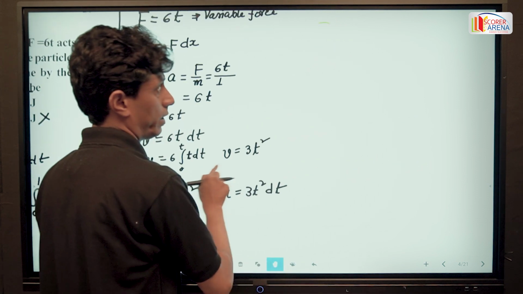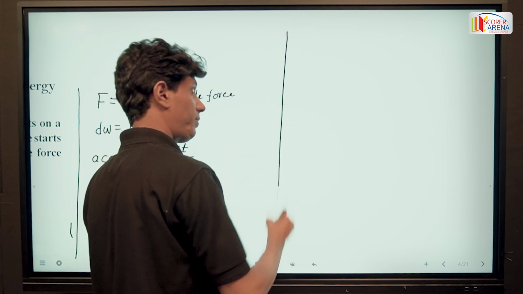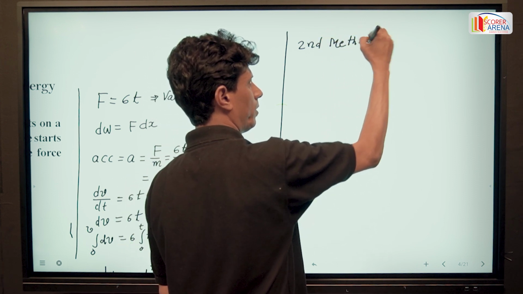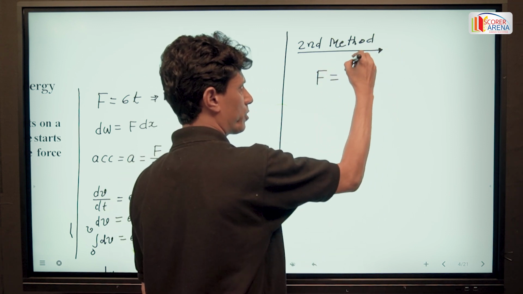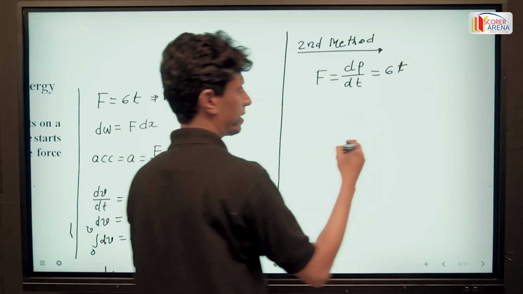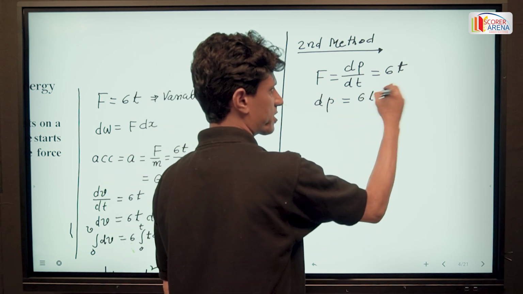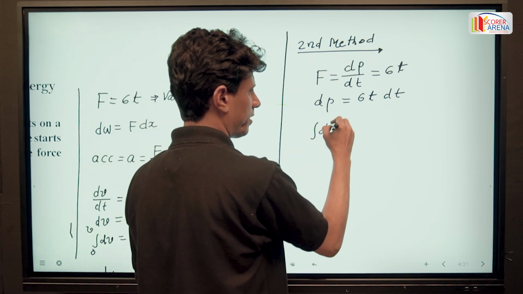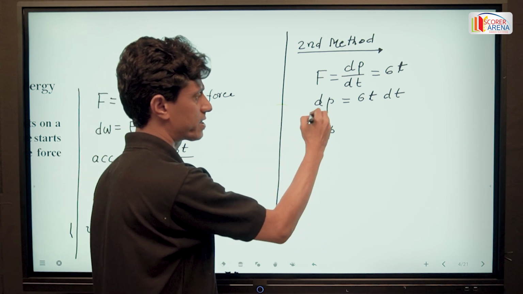So in the alternative method, that is the second method, force is equal to, from Newton's second law, the rate of change of momentum, and this is given as 6t. So change in momentum is equal to 6t dt, and integrating, since the particle starts from rest, the initial momentum is 0 and the final momentum, let us say, is p.